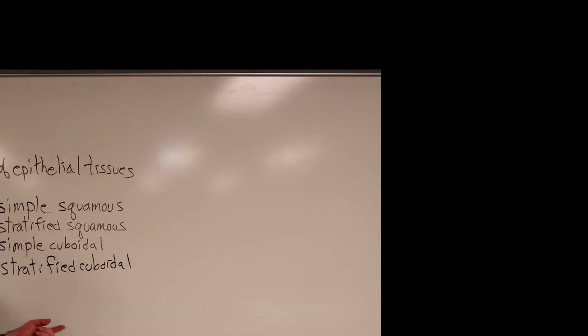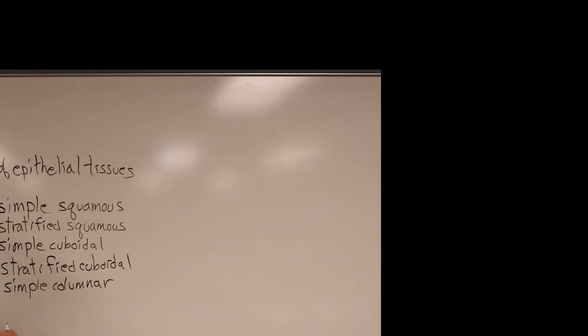Occasionally you'll see stratified cuboidal epithelium in some parts of the body, mainly your sweat ducts and your salivary ducts is where you would find those. Stratified cuboidal. Next, columnar cells, simple columnar, are much taller than they are wide, and they look like columns. Simple columnar epithelium.